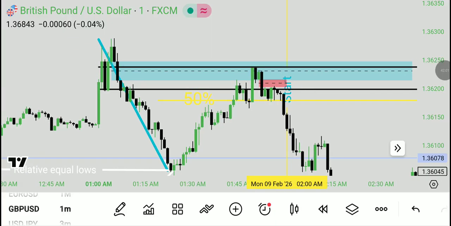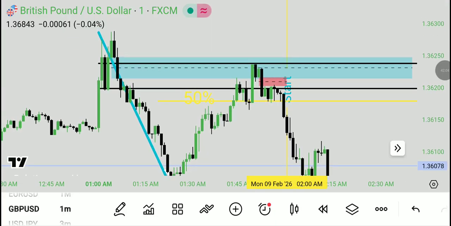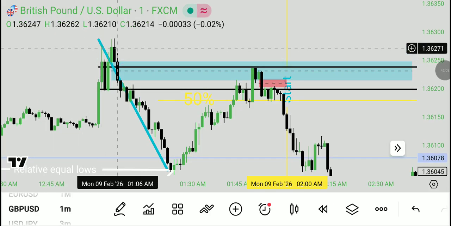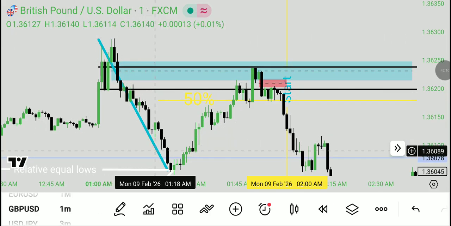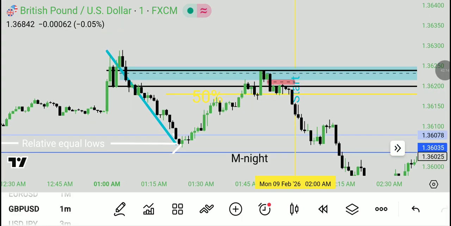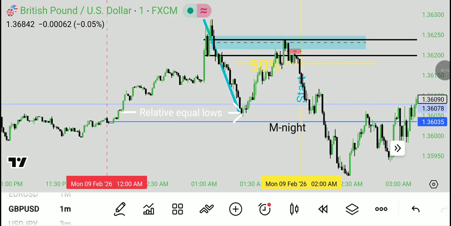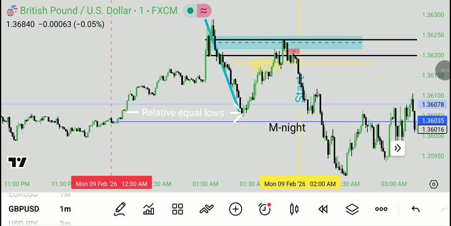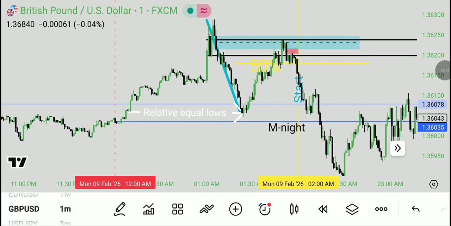Alright, you can see when the market was going, 50% of this buy side liquidity and sell side liquidity. You know what this buy side liquidity is? That is only the buy side liquidity that was formed on Monday.